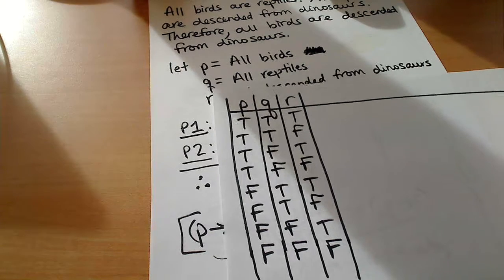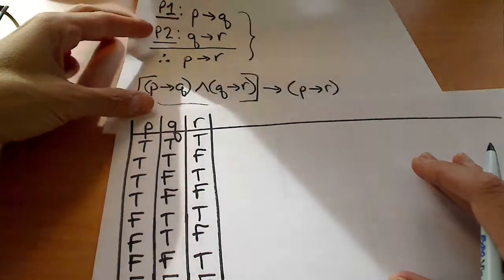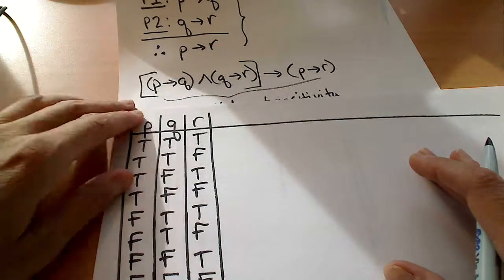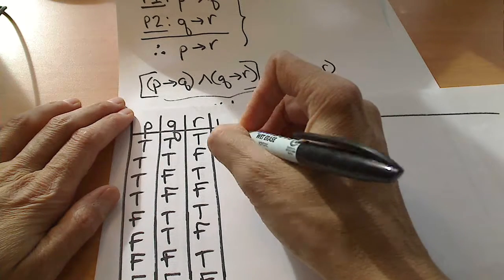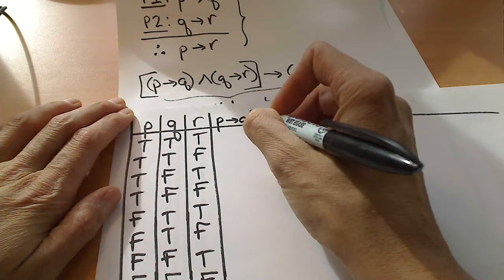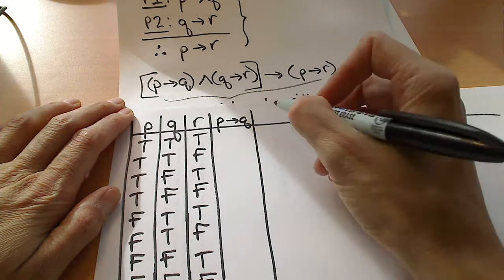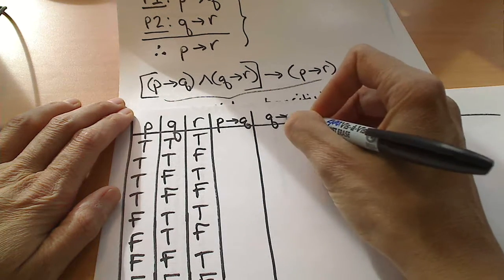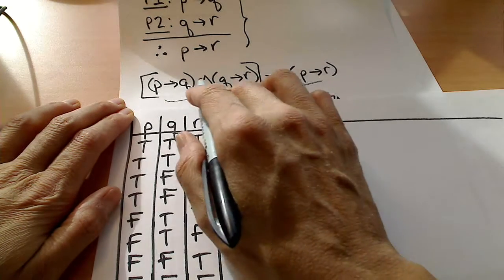and R. Okay, so let's go ahead and actually, before we do any more, let's go ahead and build the rest of this in our chart. So we're going to want to do a P implies Q column. And then we're going to need to do a Q implies R column. And then we can combine those two.